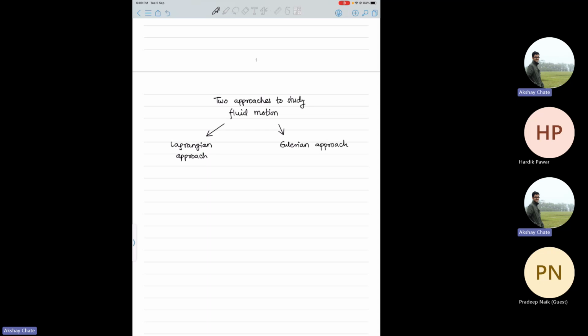So can somebody tell me what is the difference between these two? Sir, Eulerian is like it is position-wise, per position. Lagrangian is continuous, continuum. No, that is not right, because both these approaches are continuum based approaches.